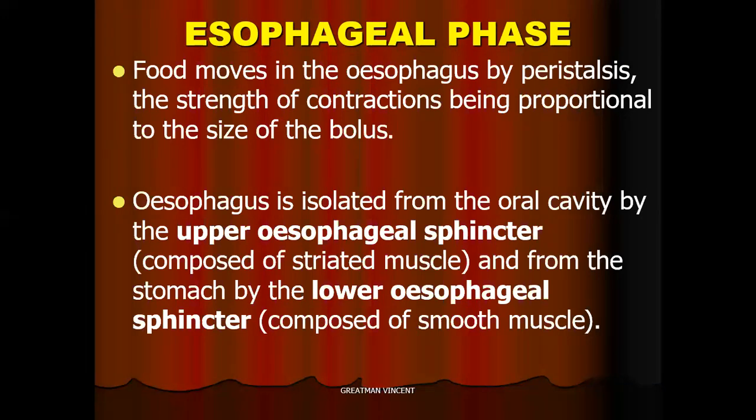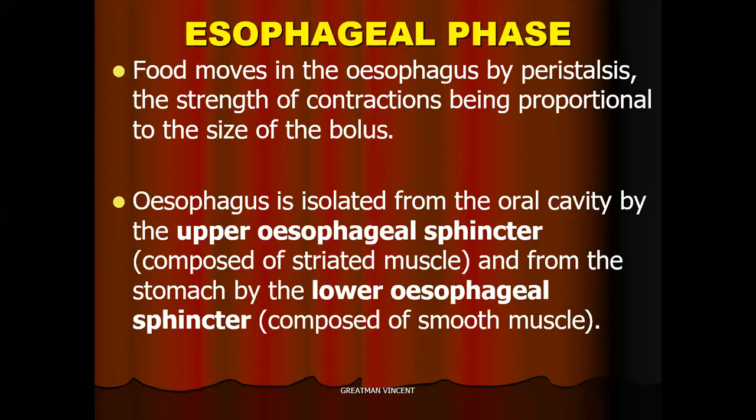In this case, the security man is acting like a sphincter. So in any place that you find a sphincter in the body, it tells you that that place is being regulated as to what should enter and what shouldn't enter. So that is sphincters for you.